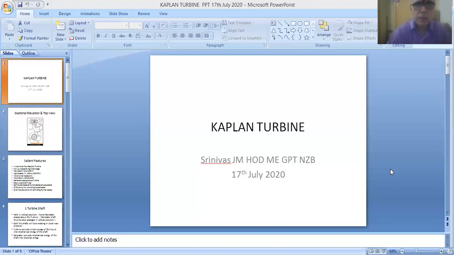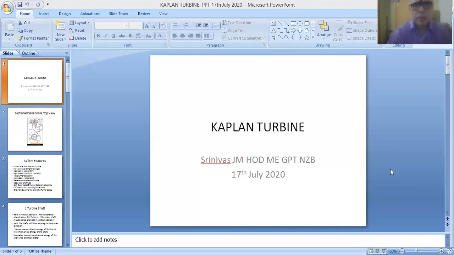If water is available in moderate quantities, we have to use the Francis turbine. And finally, if water is available in large quantities, we can use the KAPLAN turbine for power generation.